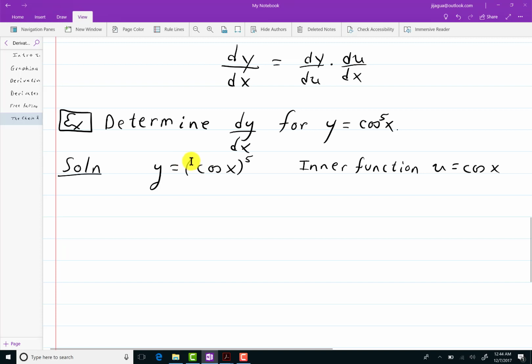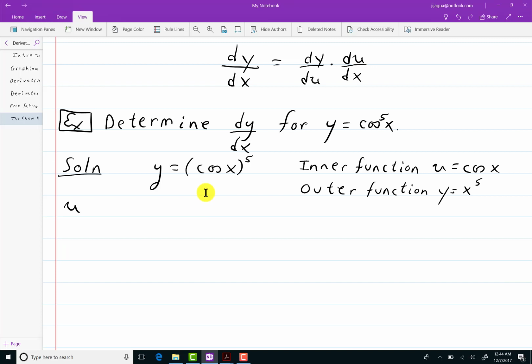Okay, and the outer function, see, in this notation here, it's hard to see an outer and inner based on what you're looking at. But here you can definitely see there's an inside and an outside. The outer function is y equals x to the fifth. So now let's see how this works.